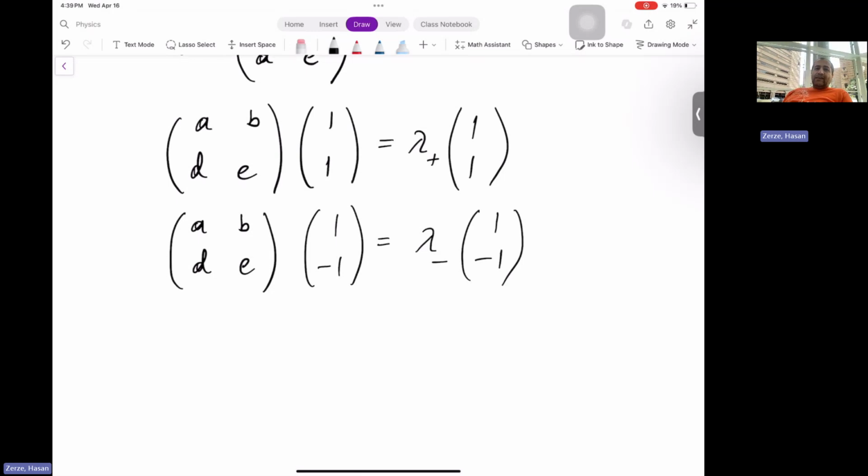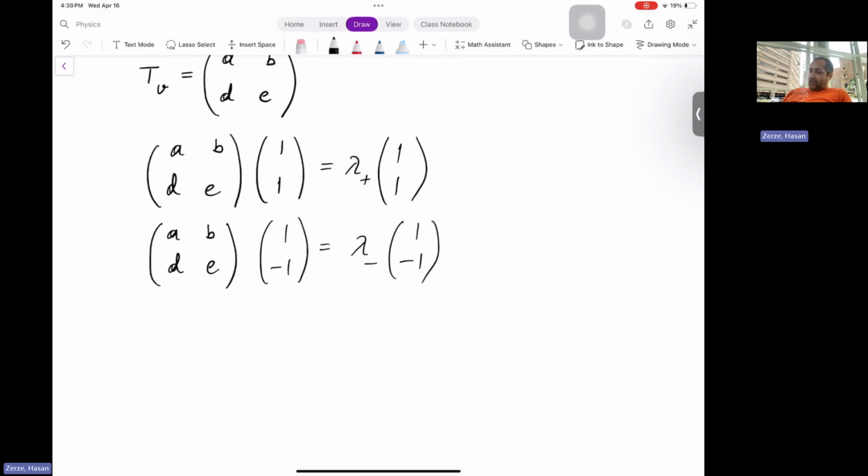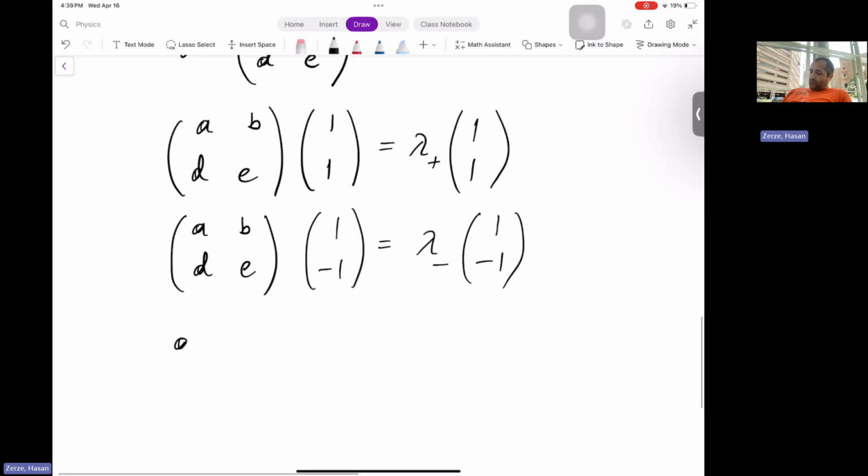So let's just take them as two different eigenvalues, not necessarily equal eigenvalues. Okay, the first equation tells us that A plus B equals lambda plus, and D plus E equals lambda plus.